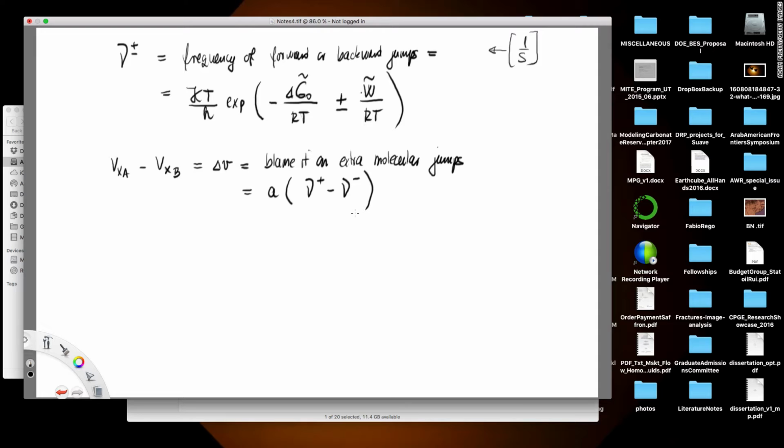That difference between the two layers' velocities is attributed to the difference in the net jumps, right? Yes. Because when I take the net jumps, I basically cancel out what I would have in stationary liquid, which is my resident or background velocity, if you will. So in this case, you should have a multiplied by the net jumps in layer A minus the net jumps in layer B. It's the same in every layer.